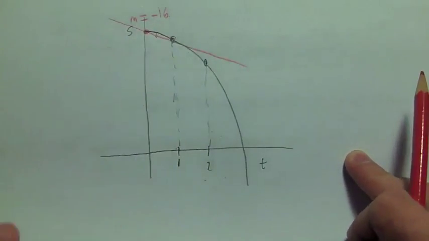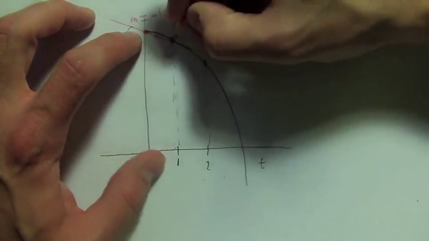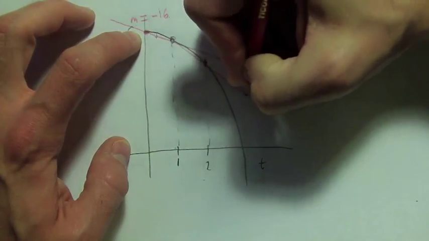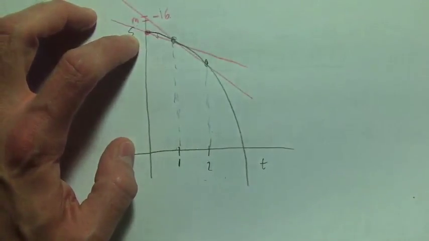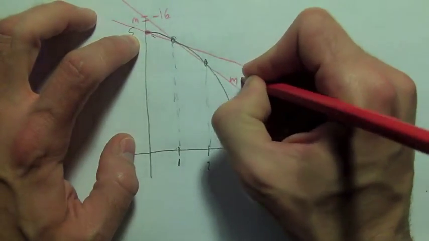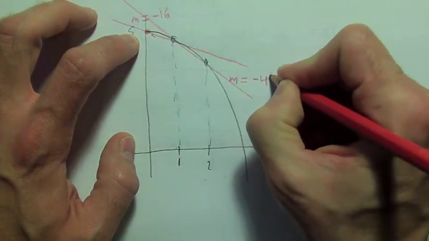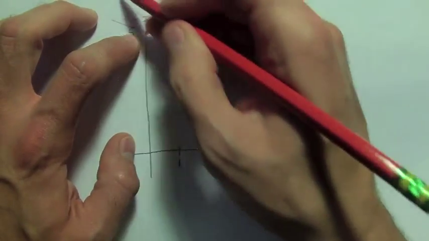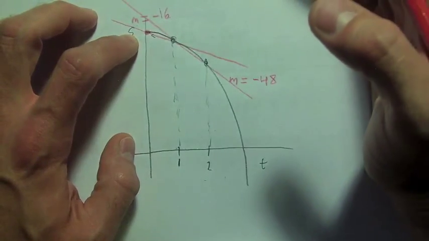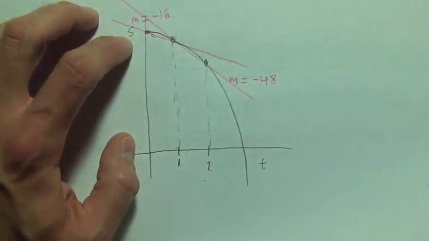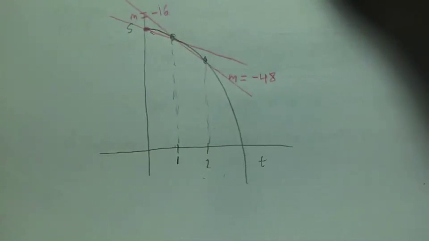And it's not really drawn to scale, so it's kind of hard to tell what's going on. But if I look at the secant line between 1 and 2, well, we found that the slope of this line, the average rate of change, was negative 48. This line that we got here from the secant line is actually steeper. Exactly what we would expect. It's traveling at a faster rate.